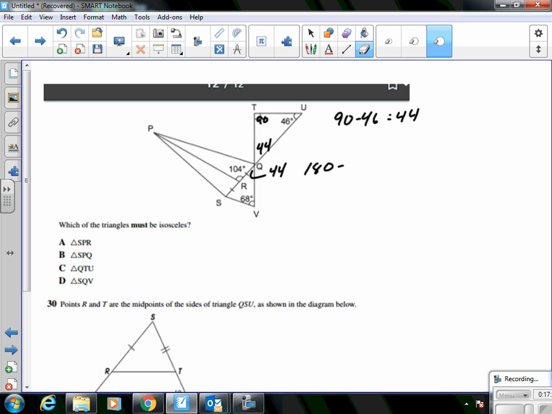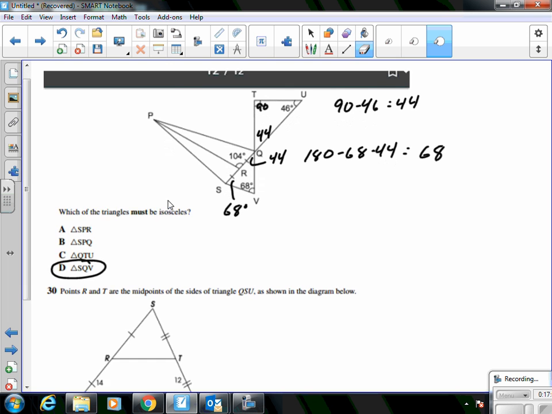So 180 minus 68 minus 44, which is going to be 180 minus 112, which is going to be 68 degrees. So that angle right there is 68 degrees, which matches up with this one. So you have two congruent angles, making this triangle an isosceles triangle. So SQV, which is D, is going to be isosceles.